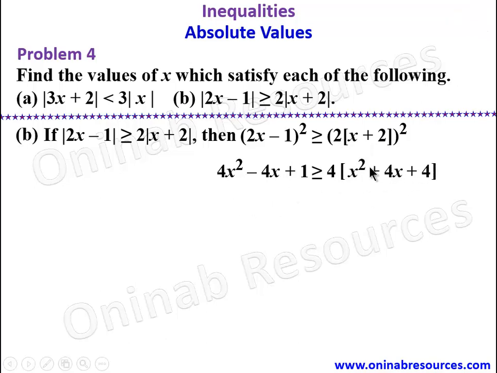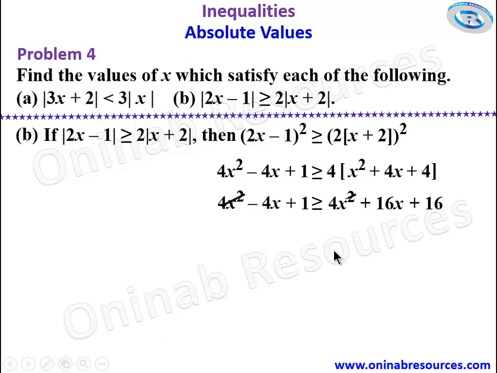And then we expand this again, giving us 4x squared minus 4x plus 1 greater than or equal to 4x squared plus 16x plus 16. Remember, this 4x squared, we cancel 4x squared. So then we collect the like terms. Negative 4x minus 16x greater than or equal to 16 minus 1.